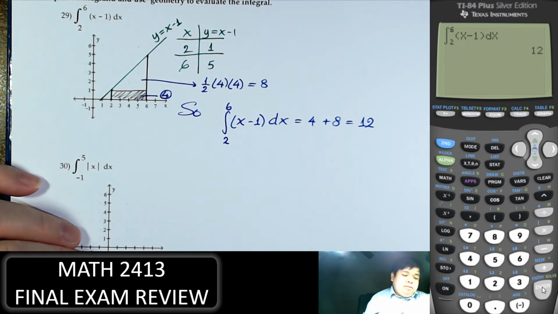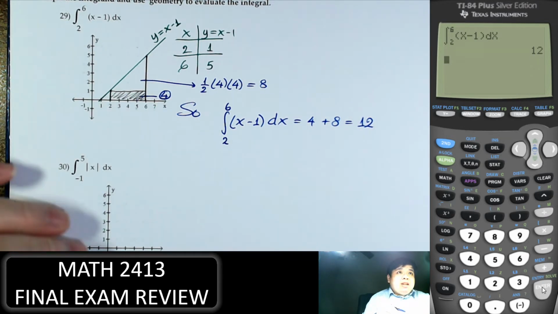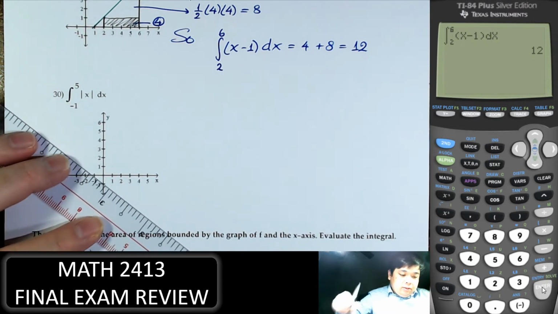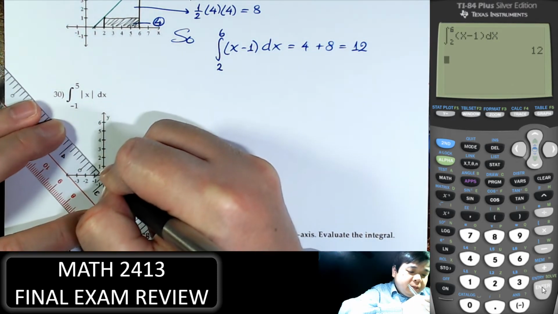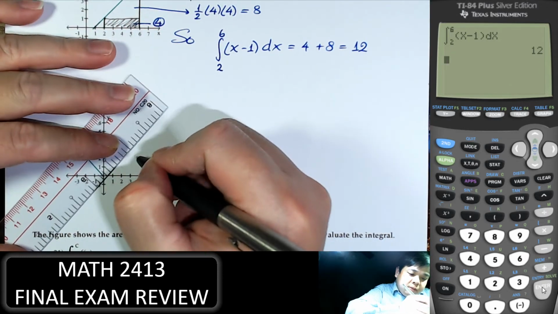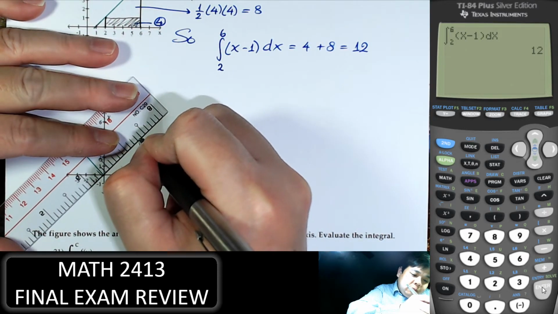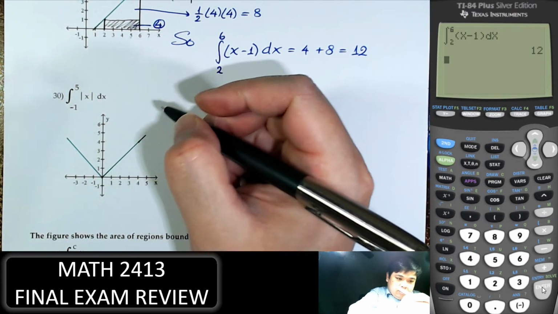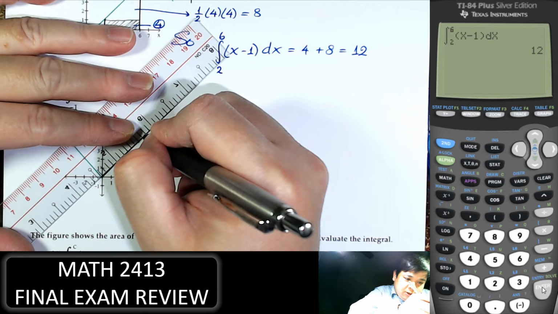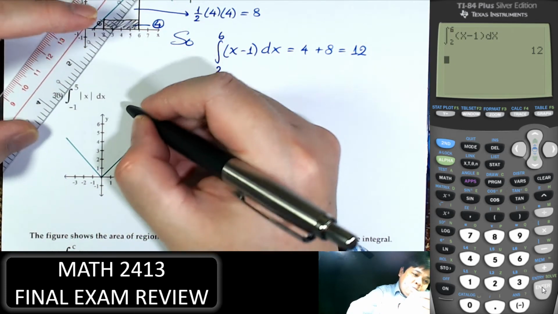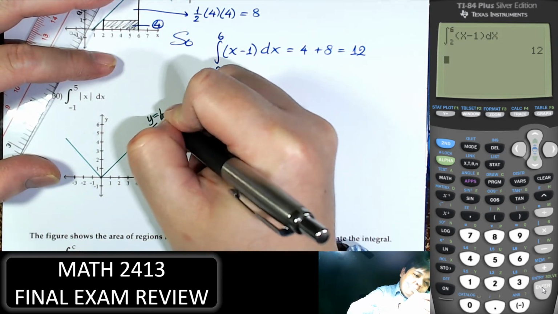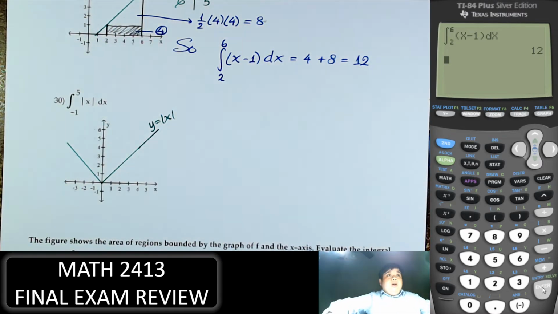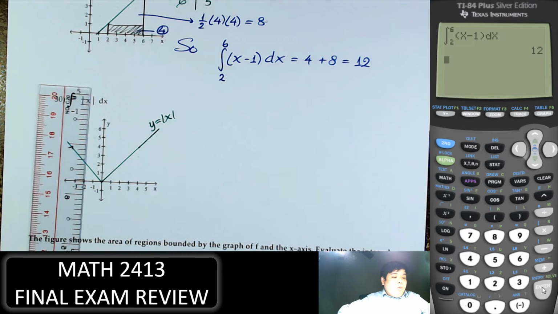Right? Now, absolute value of x, and we go from -1 to 5.